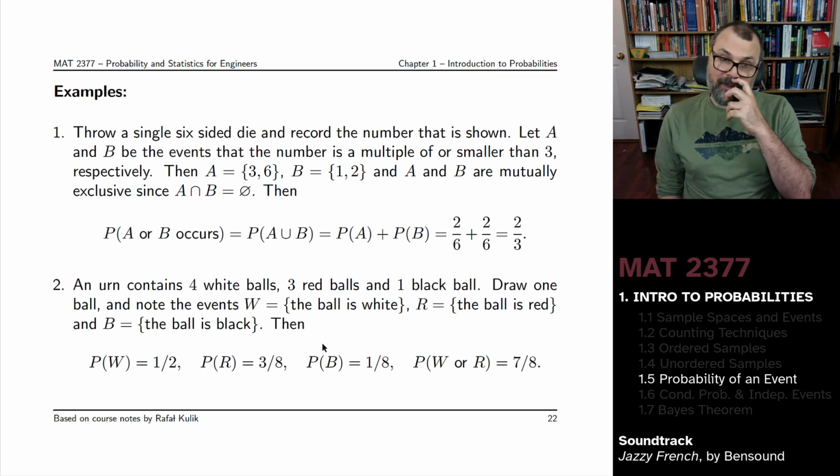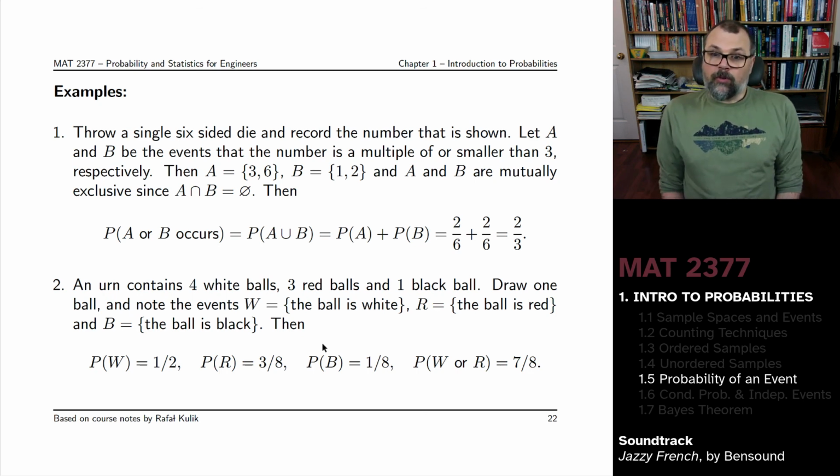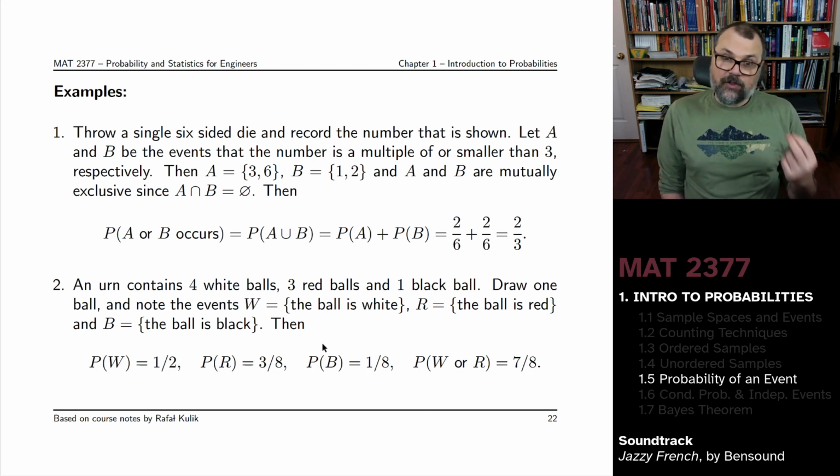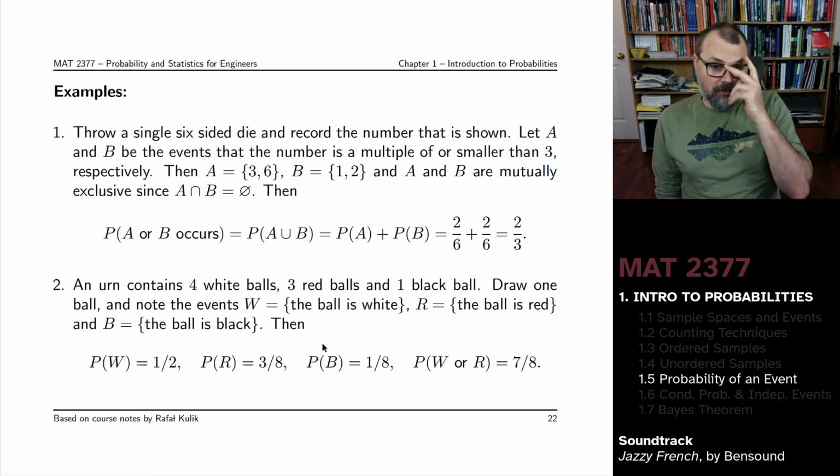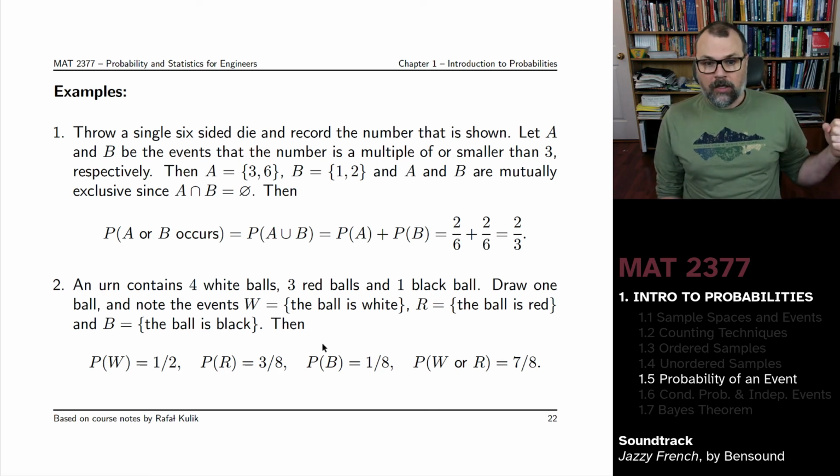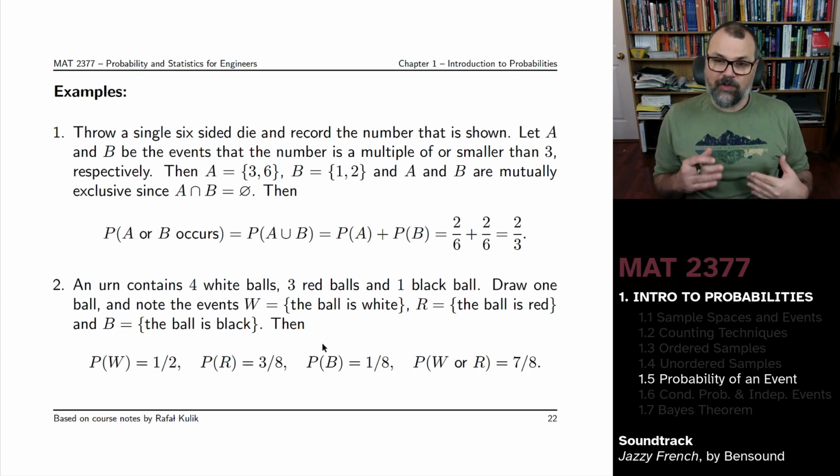Now, what's the probability that the ball would be white or the ball would be red? Now, notice these events are mutually exclusive. It is impossible for the one ball that you have drawn to be white and red and black. It's either white or red or black. There cannot be overlaps between these events.